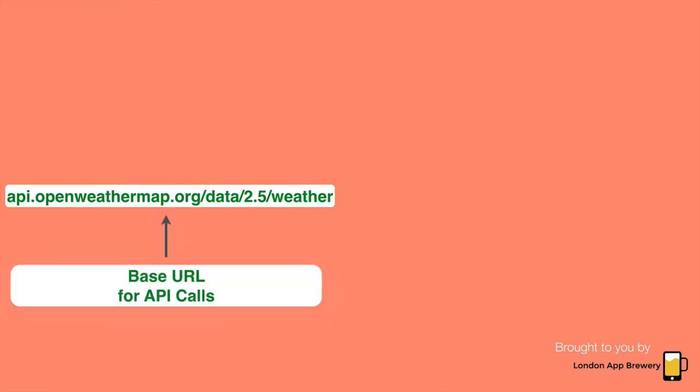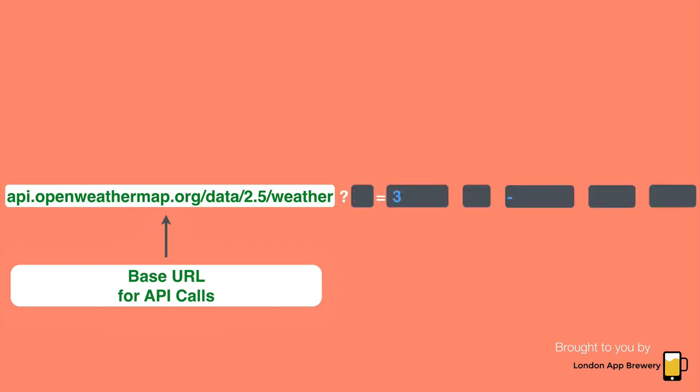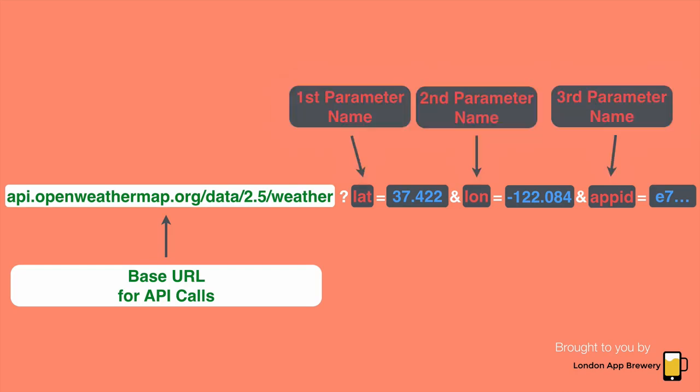All of OpenWeatherMap's API calls start out with the same URL, api.openweathermap.org/data/2.5/weather. After this piece of text, the API expects to find the parameters of the API call. As part of this request for the weather data, we're supplying the latitude, the longitude, and the app ID.